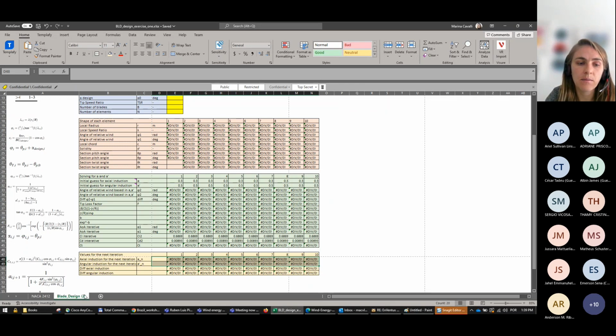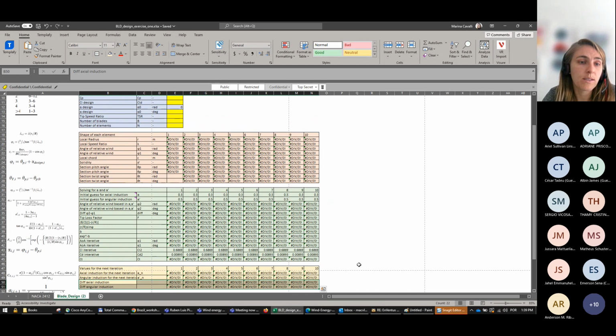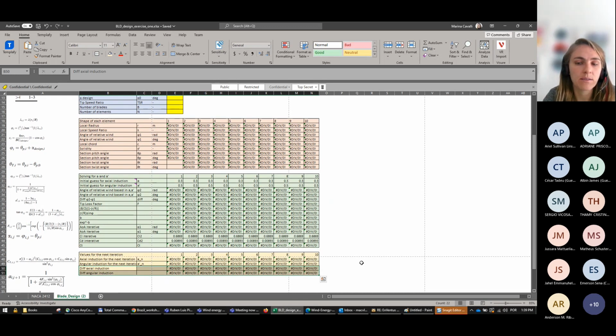And then here, my idea is once we define the axial induction and the angular induction, we can duplicate this tab, introduce these values here on these lines. Once we reach a difference between these values that's close to zero, very, very close to zero, right? Of course, if you want to implement this on MATLAB, Python, it's also easier to do this iterative process.